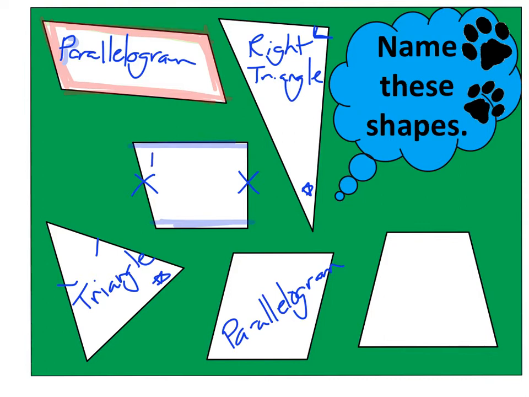So this is a trapezoid. Also, same thing with this bottom one. These two sides are parallel, but these two sides are not parallel. So that is also a trapezoid. Make sure you can identify those.